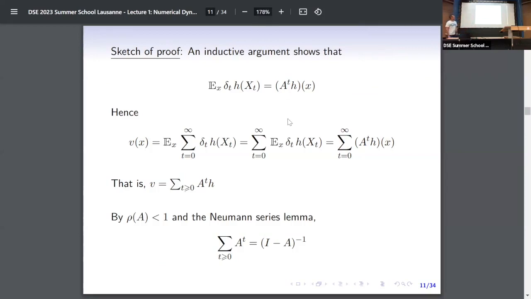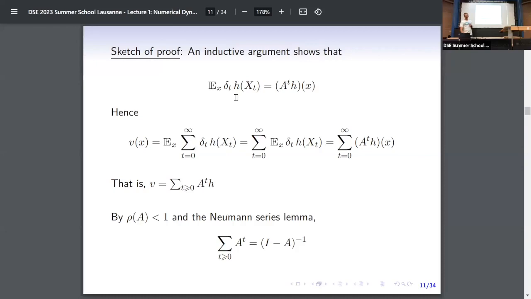And the only thing that's remotely tricky is this equality here, which is just saying that if I look at the expected discounted value, remember h of x_t is something like a payoff. So I'm computing this payoff, discounted present value over these time-varying discount factors, is just t applications of the discount operator.